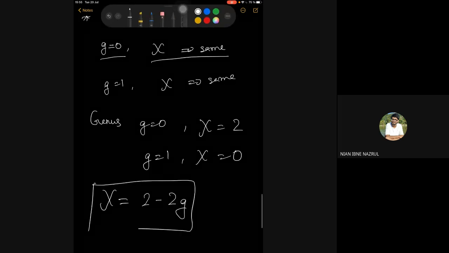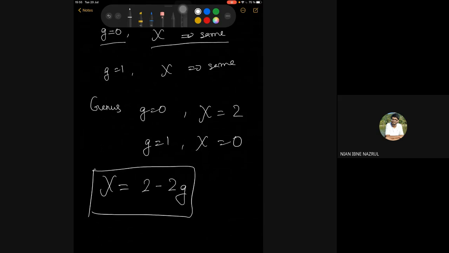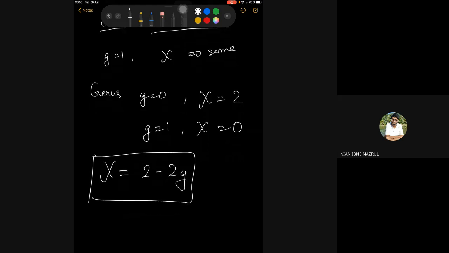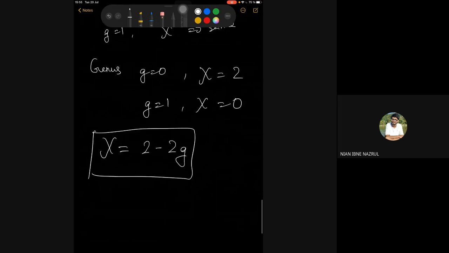You can pick an arbitrary genus and check, and you can draw different kinds of maps on it, doing some triangulation of any genus surface. Triangulation as in you can discretize any surface, and you'll have vertices, edges, and faces. However you discretize your surface, for a certain genus, for example genus 0, the Euler characteristic will be 2. For genus 1, it will be 0, and so on. So this is the Euler characteristic in terms of the genus.